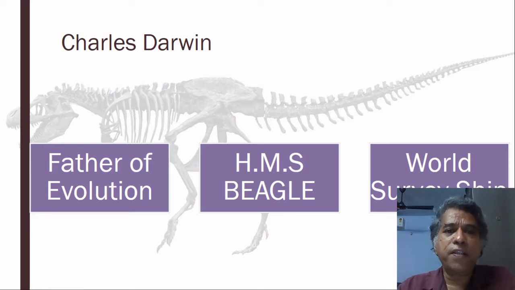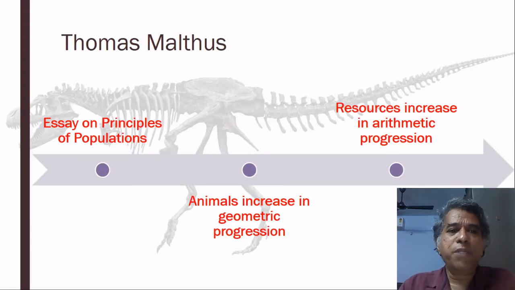But before that, let us try to learn about some scientists and economists who influenced Darwin to come out with such a wonderful magnum opus. There was one economist by name Thomas Malthus who published one essay on principles of populations. Malthus opined that animals increase in geometric proportions.